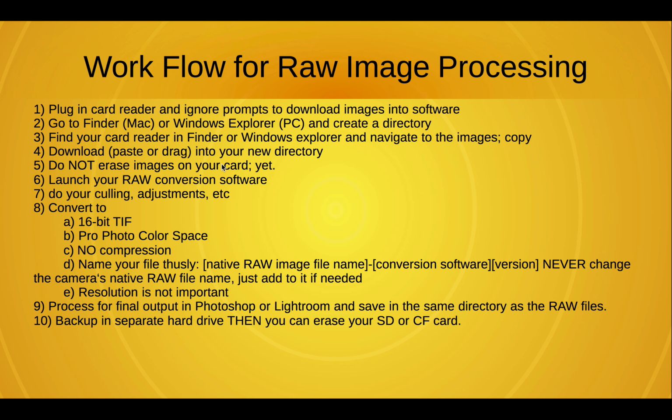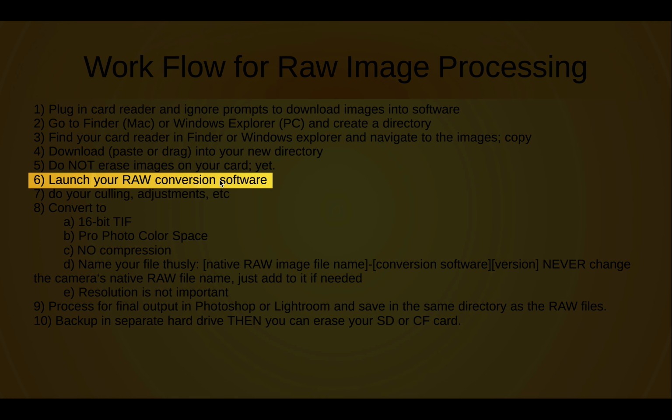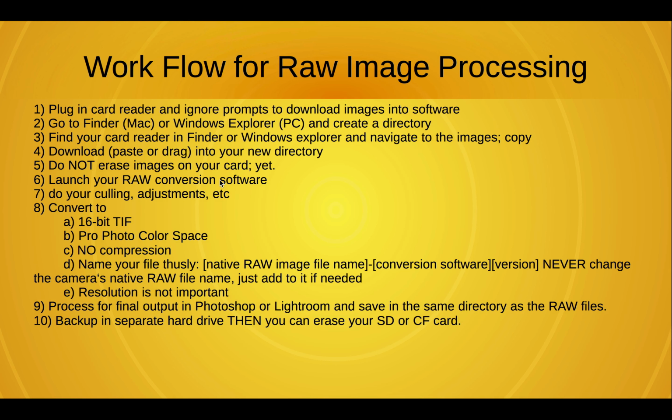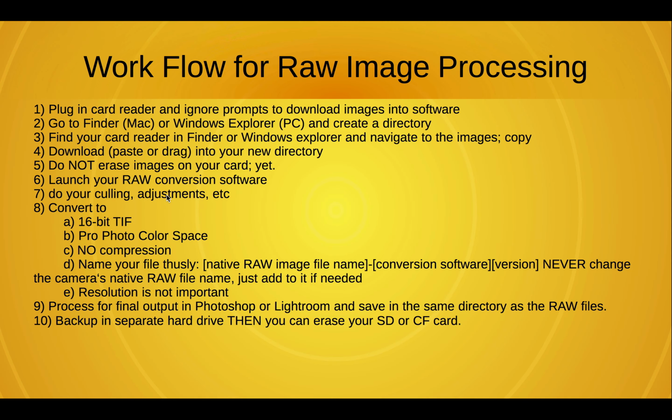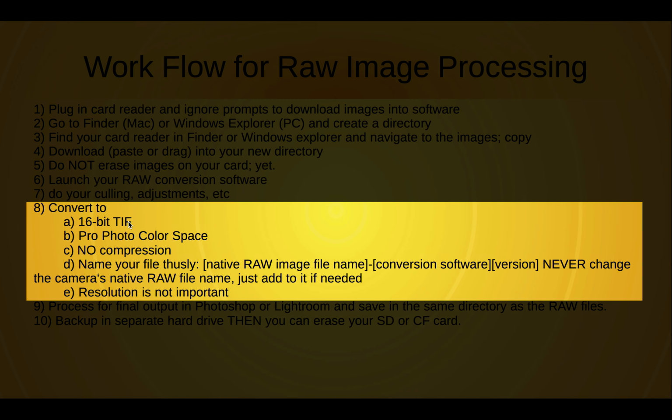Now what you want to do is launch your raw conversion software, be that DxO, it might be Capture One or Lightroom or Adobe Camera Raw, whatever it is. You want to launch your raw conversion software, do your culling, make your adjustments, and then when you're ready to convert, you want to make sure and use these settings. It's a 16-bit TIFF, uncompressed, in the ProPhoto color space.